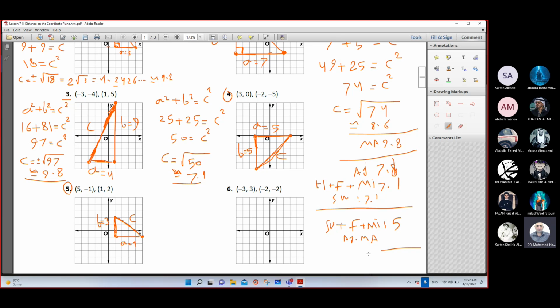Right, check with me, please. A squared plus B squared equals C squared.